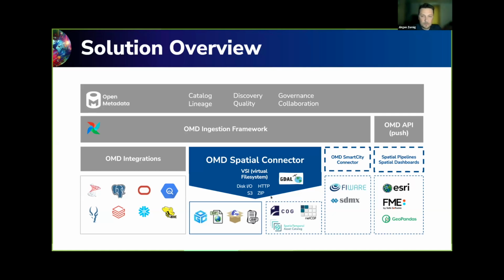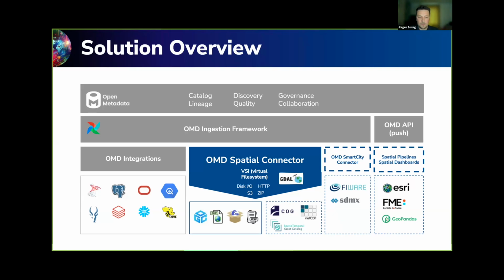We also worked quite hard on the spatial pipelines. There are ETL tools and pipelines in the spatial world too, and they're quite special. There are tools like the Feature Manipulation Engine, which is basically an ETL tool we want to incorporate.